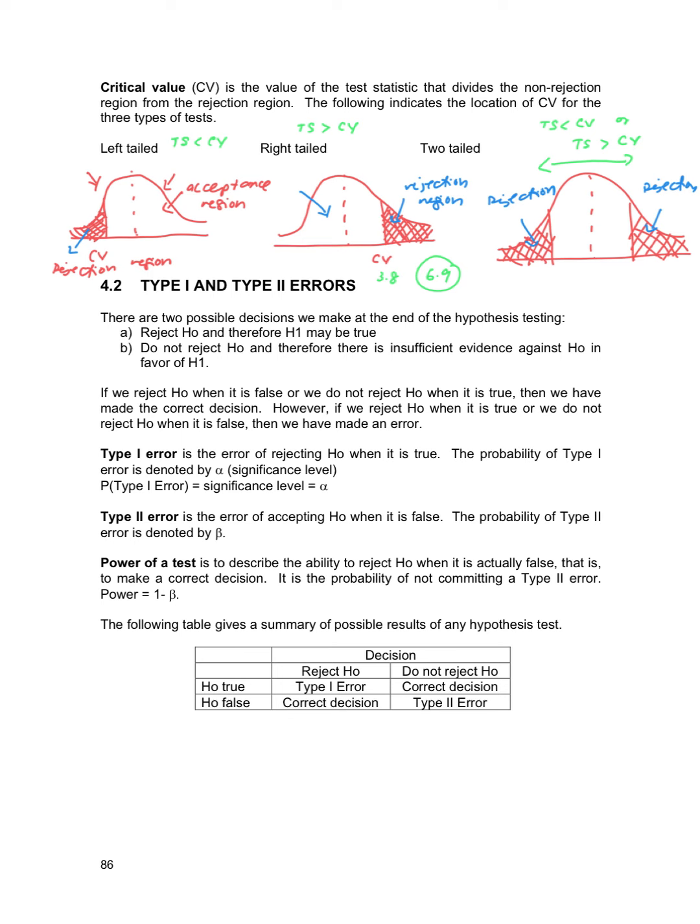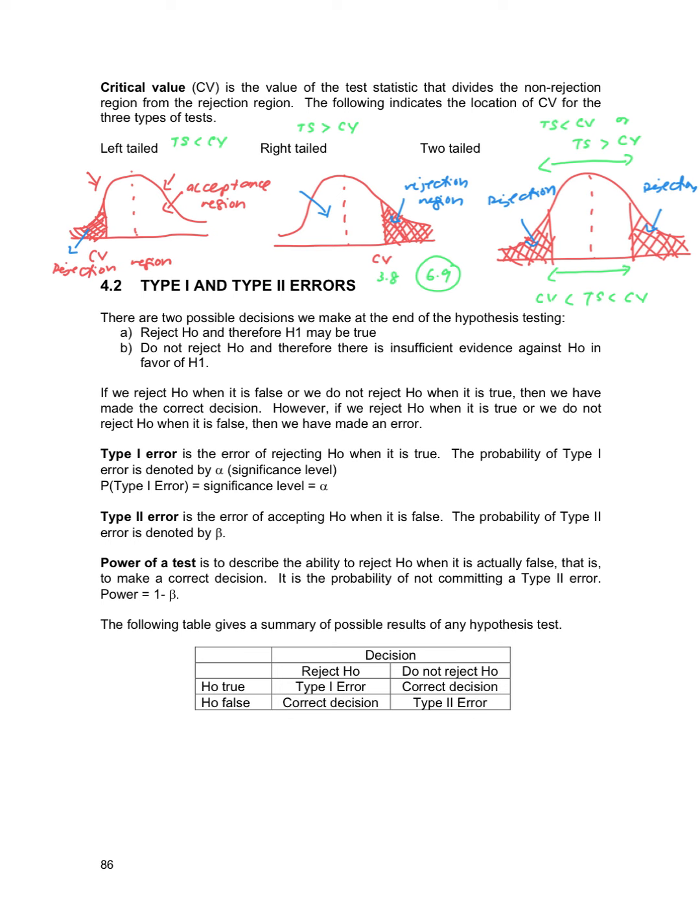Tapi kalau critical value, okay, but if your test statistic is between the critical values, so kita fail to reject lah. Okay, test statistic, kalau dia macam ni, kita fail to reject the null hypothesis.